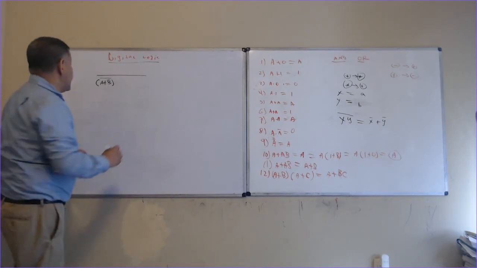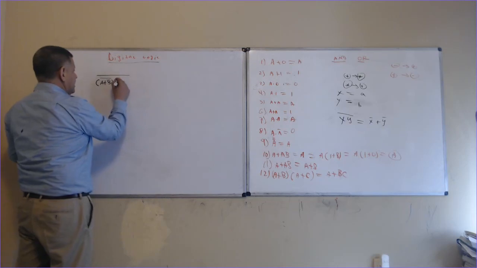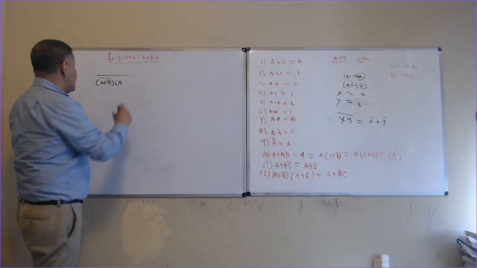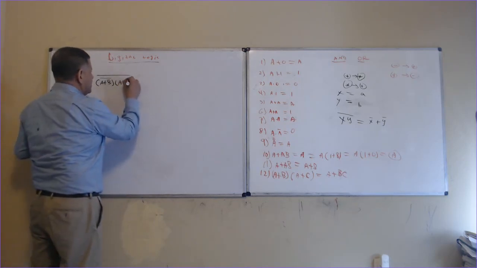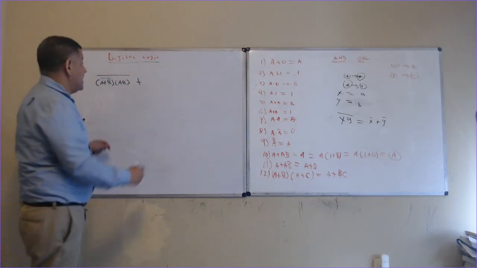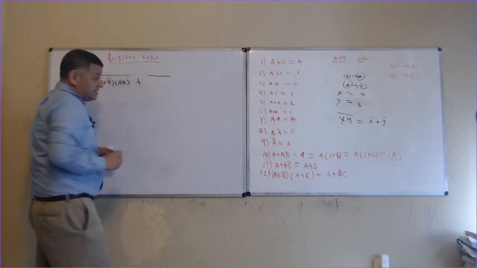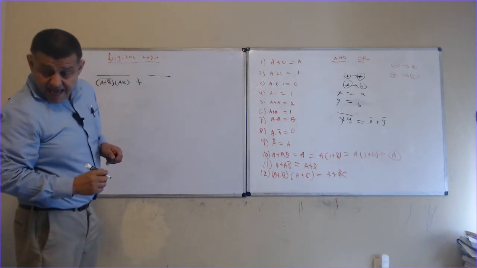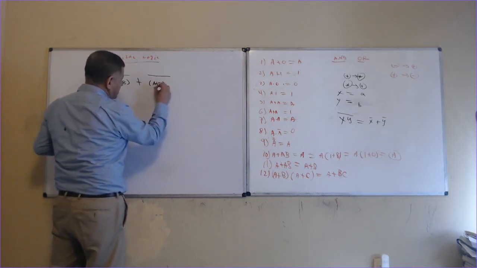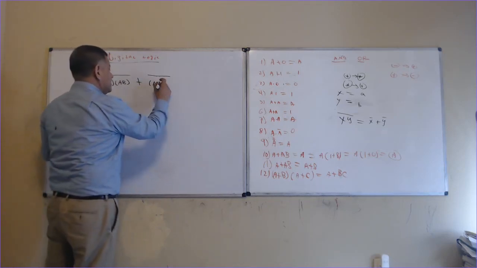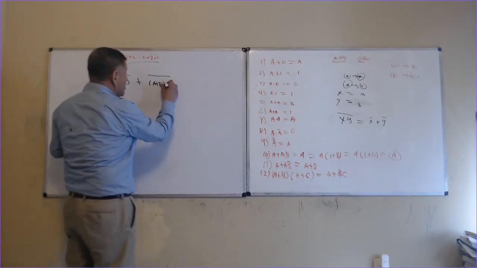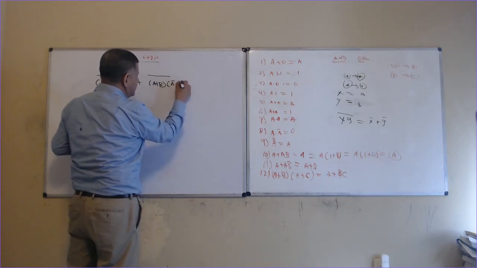Then we have a, then we have ab, plus a bar plus b bar again, and plus AB, plus AB, and then we have A, not A, plus B.